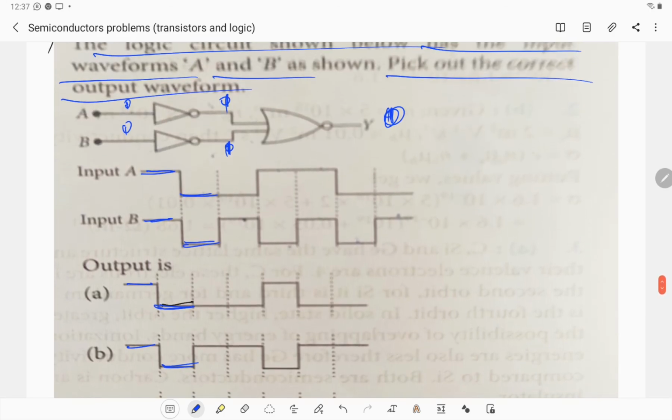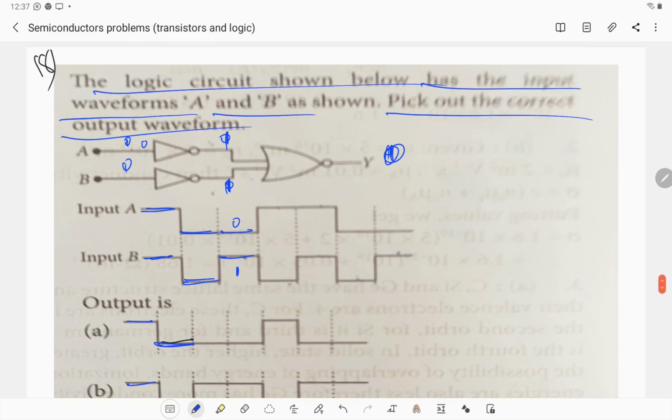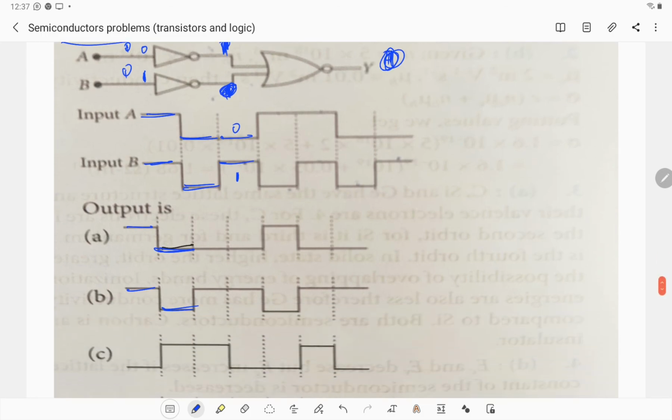And now this one, for A, this is 0, B 1. A 0 means here is 1. This is 0. 1 and 0, 1 plus 0 is 1, but here is 0. Again, low value is like this.